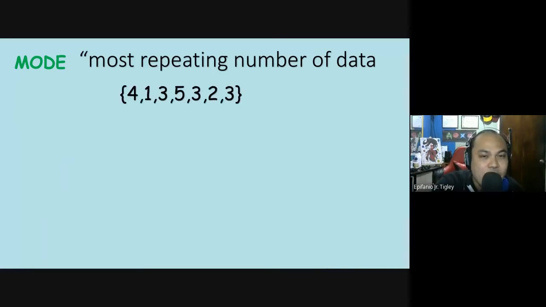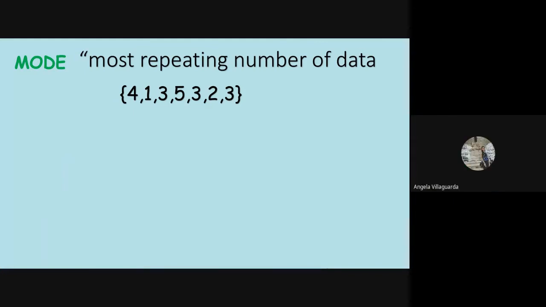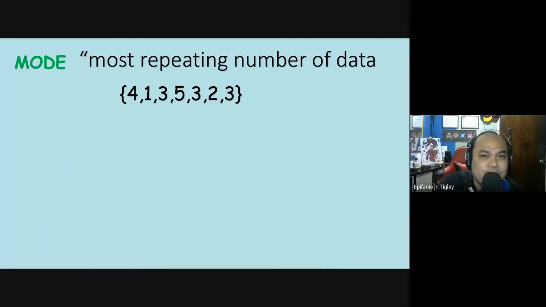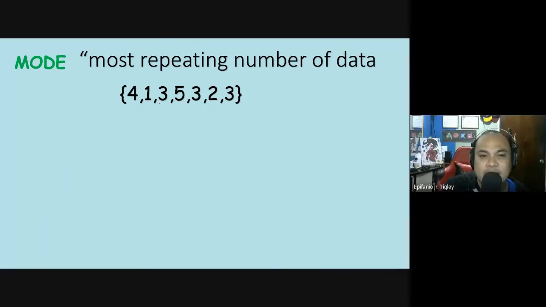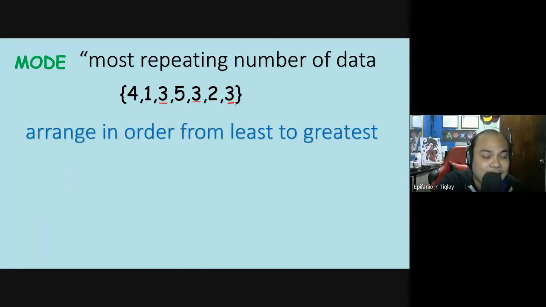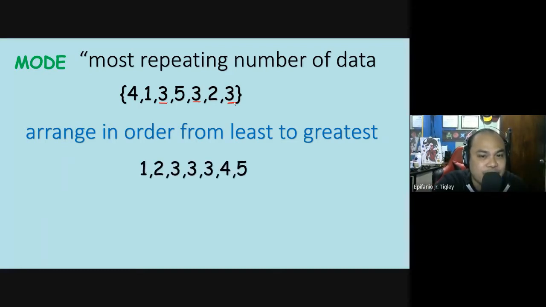What is the most repeating number in the data? 3. How many times did 3 repeat? 3 times. So I have a solution here, but you can also have your own solution. I will arrange this so it's clearer: 1, 2, 3, 3, 3, 4, 5.